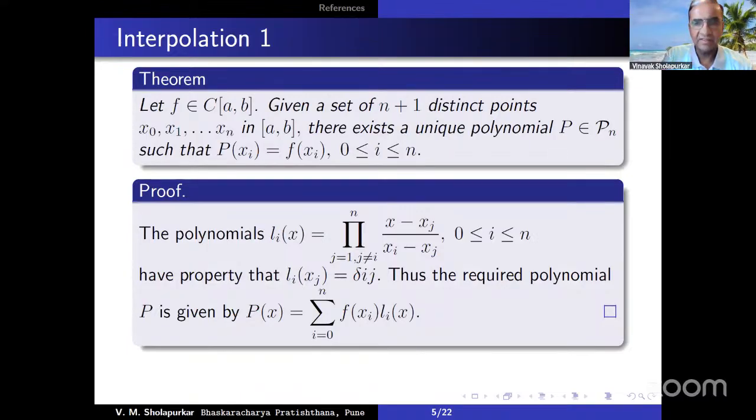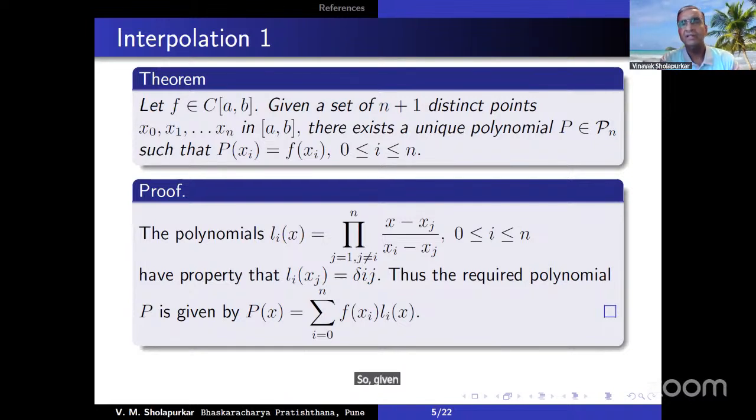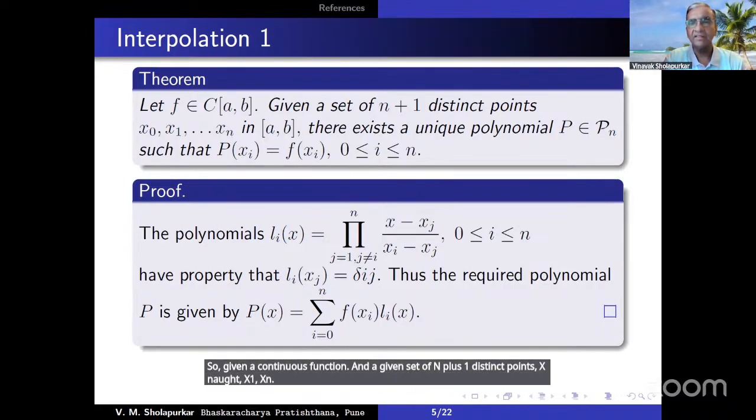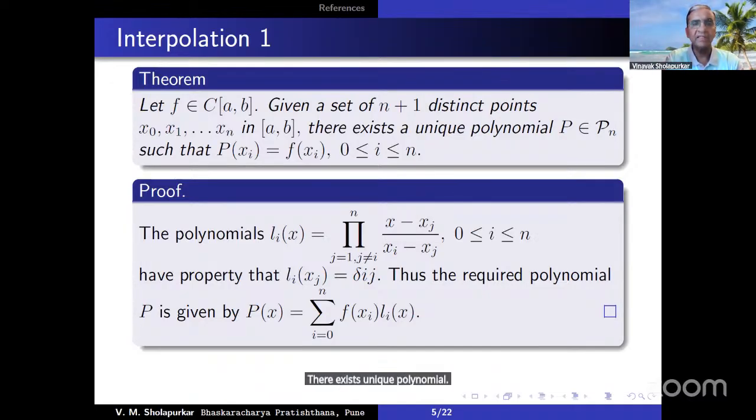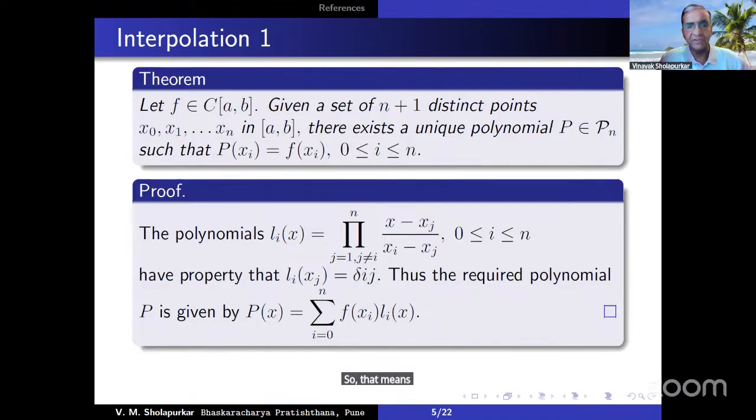So just for the sake of revision, I'm giving you the Lagrange interpolation formula. Given a continuous function and a given set of n plus 1 distinct points x0, x1, up to xn, there exists a unique polynomial of degree less than or equal to n such that p of xi equals f of xi. So that means your polynomial will match with this.